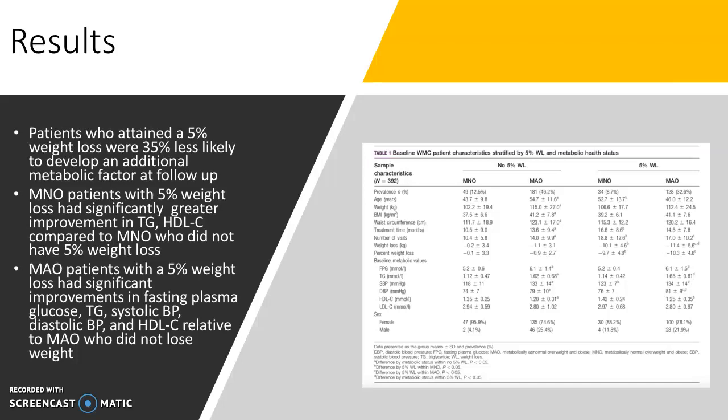And then the metabolically abnormal obese patients with a 5% weight loss had significant improvements in fasting plasma glucose, triglycerides, systolic BP, diastolic BP, and HDL relative to metabolically abnormal obese patients who did not lose weight. So that kind of just points to the fact that that gold standard of weight loss still holds true, even in this study.